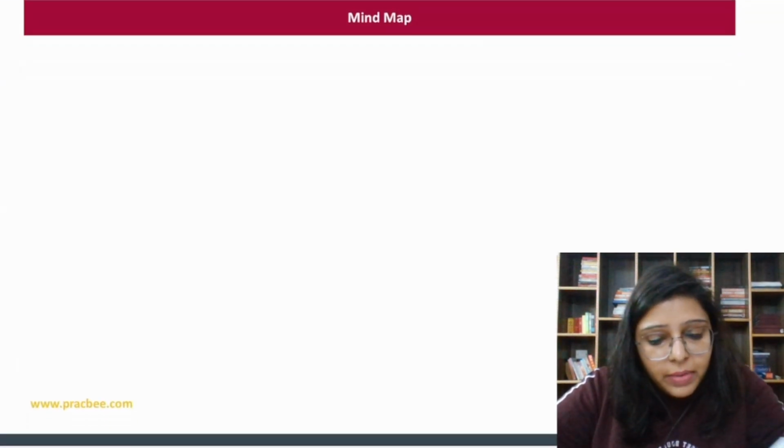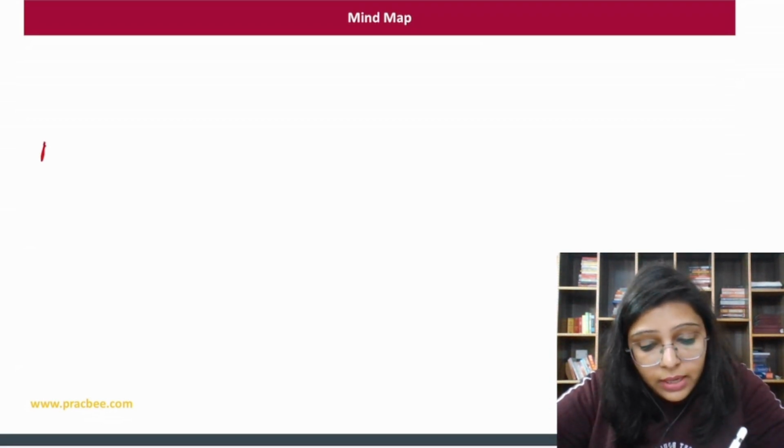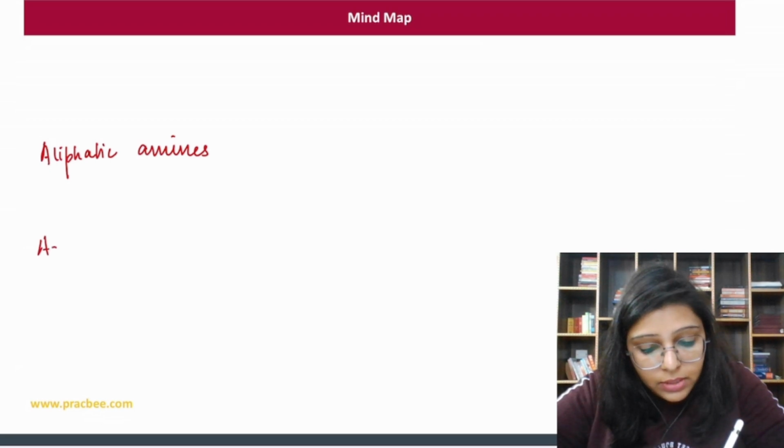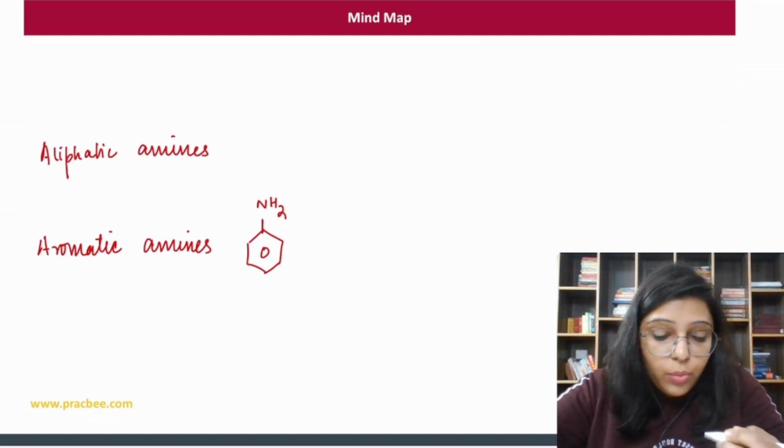Now let's talk about the mind map. We have amines, and in amines we have two types: aliphatic amines and aromatic amines. In aromatic amines, we are going to discuss aniline, which is NH2 on a benzene ring.